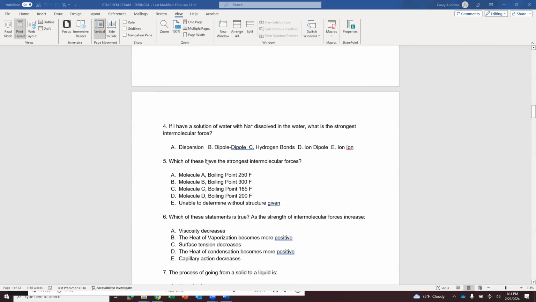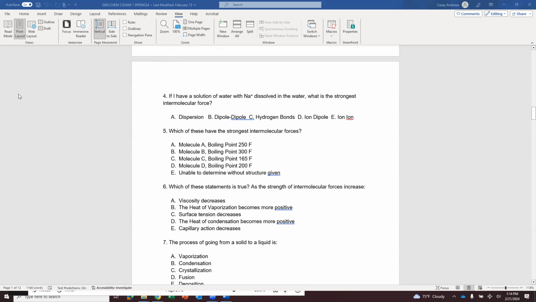If I have a solution of water with sodium, Na plus is an ion, water is polar, so that's an ion plus a polar, that's called an ion dipole.